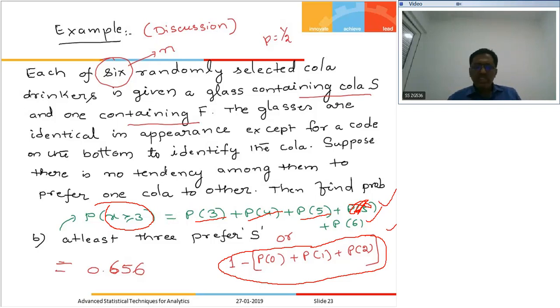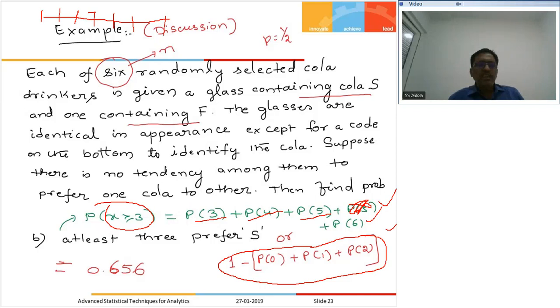Because it is very simple here. Now, X takes values 1, 2, 3, 4, 5 and 6. What we want is P of X greater than or equal to 3.